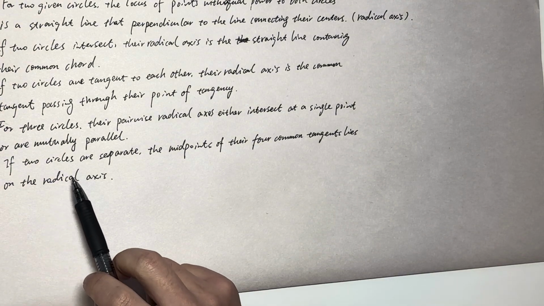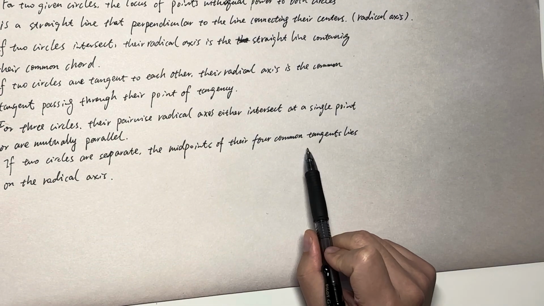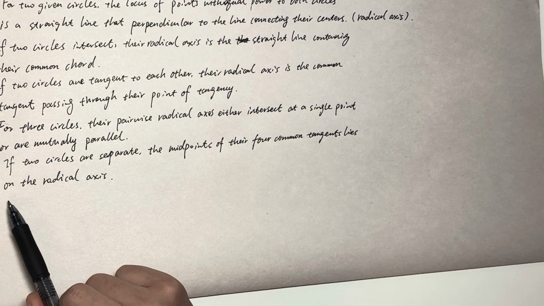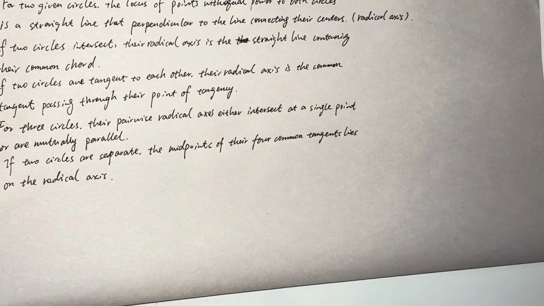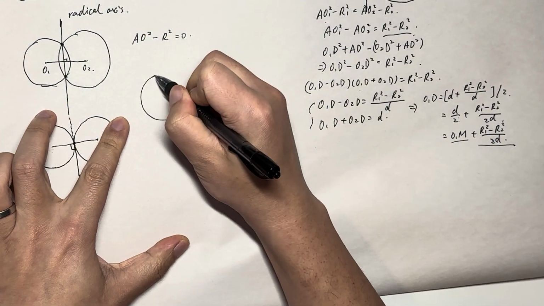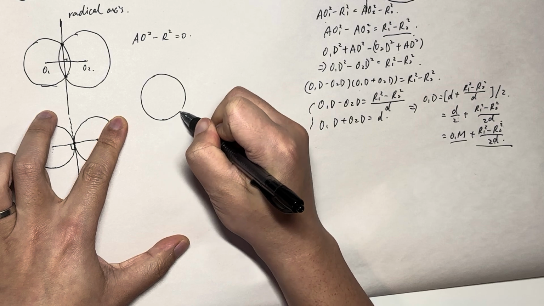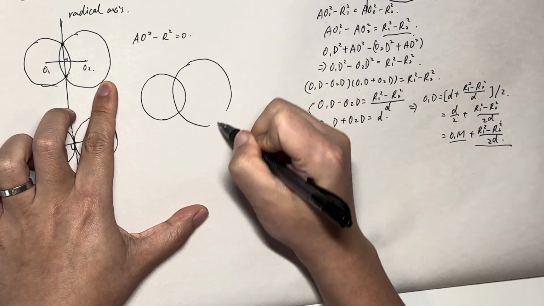If two circles are separate, the midpoint of their 4 common tangent lines lies on the radical axis. This property we actually already proved in the previous chapter, right?